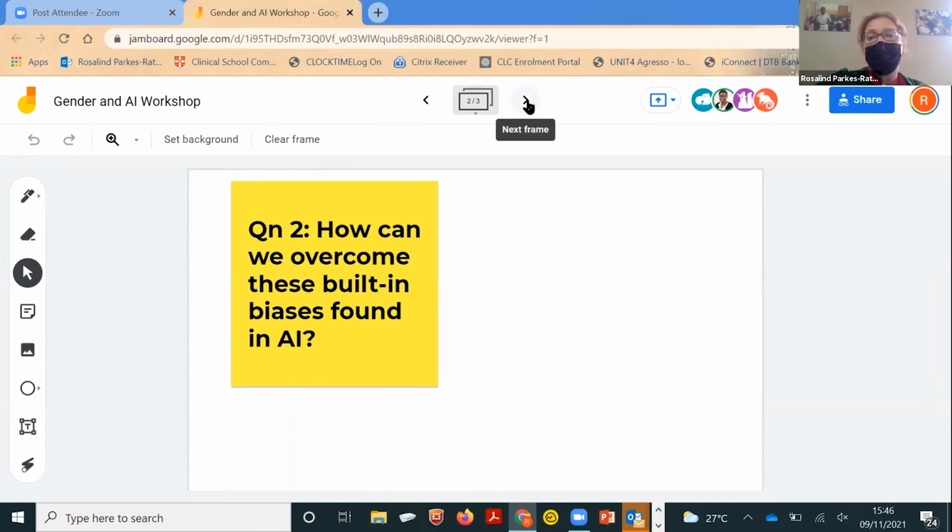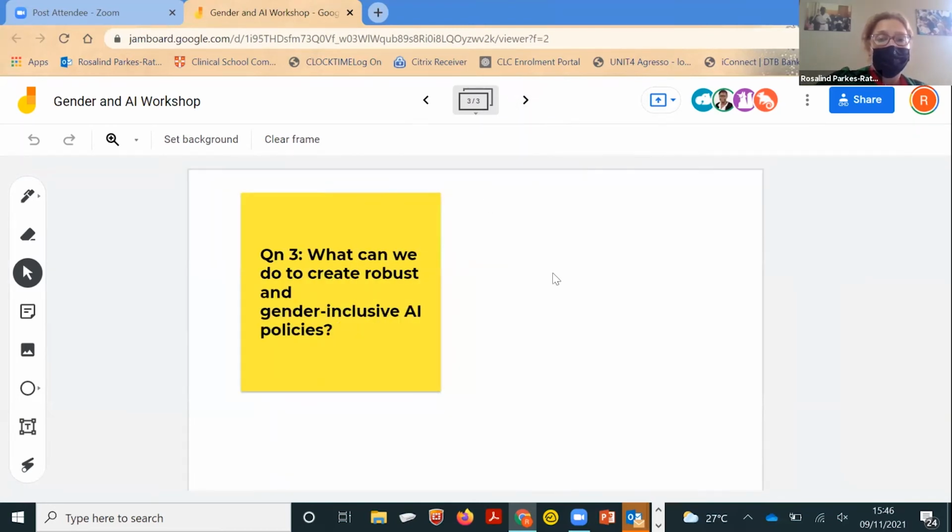What can we do with these data sets? How, as Ahmed is saying, do we de-bias these data sets? And then what can we do to create robust and gender inclusive AI policies?